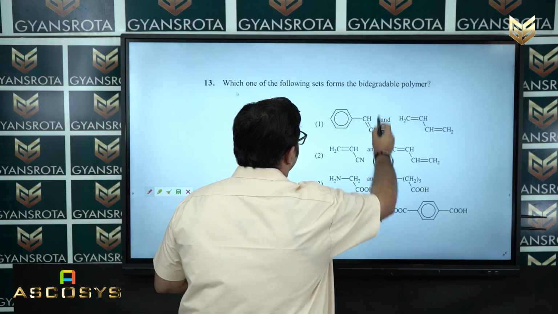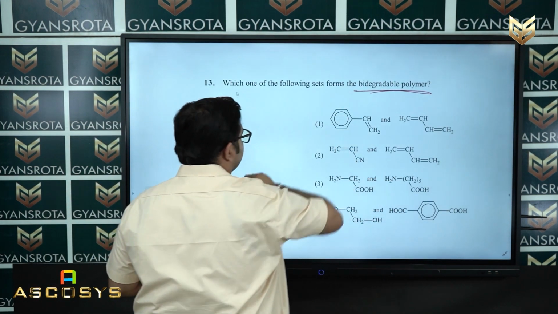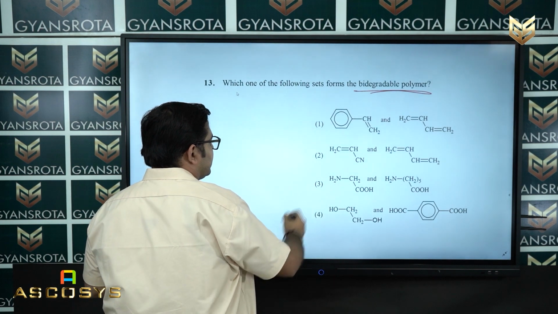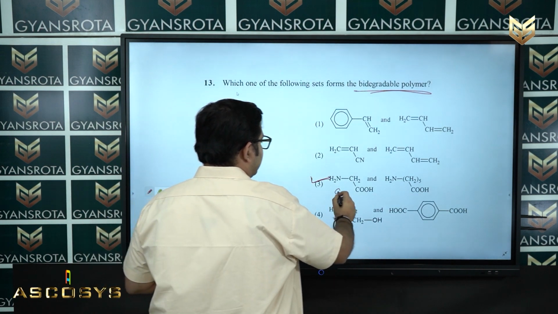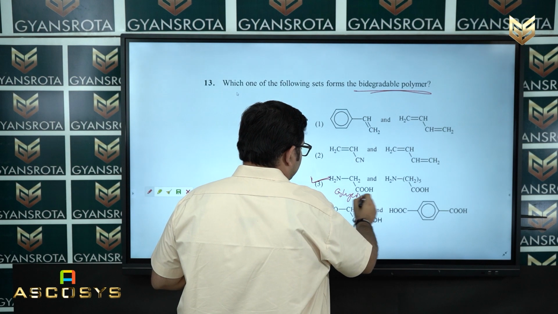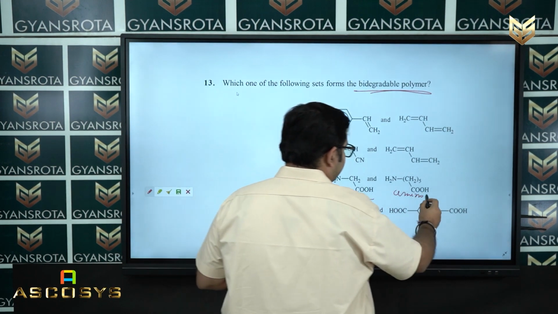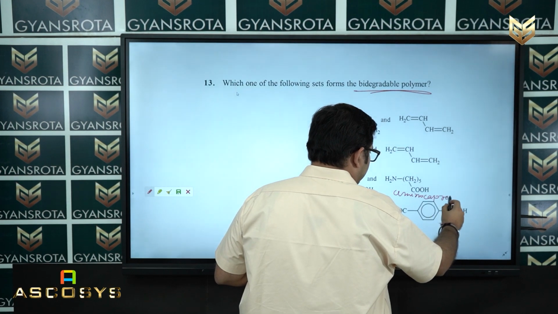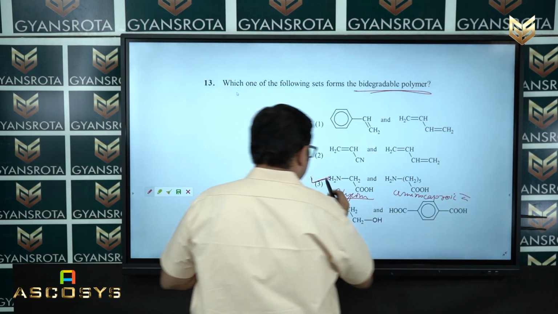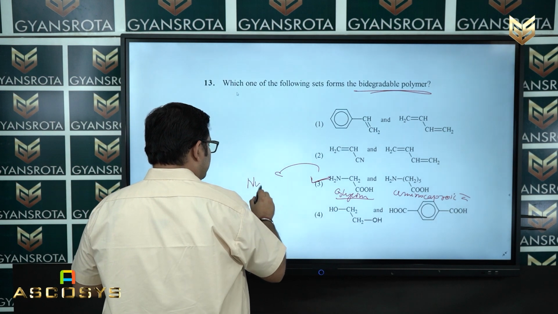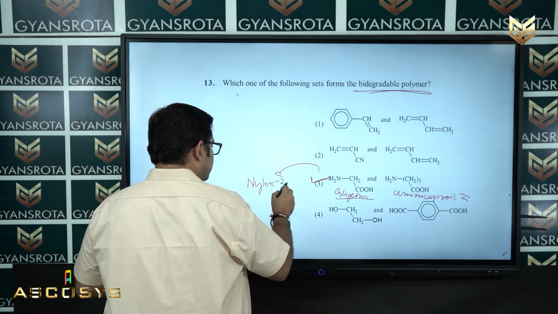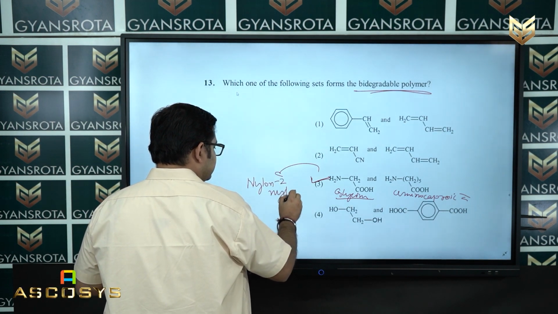Now, they ask about a biodegradable polymer, and if you see in option number 3, that is glycine reacting with amino caproic acid. This one will give you nylon 2, nylon 6.